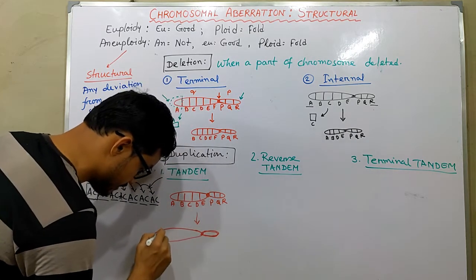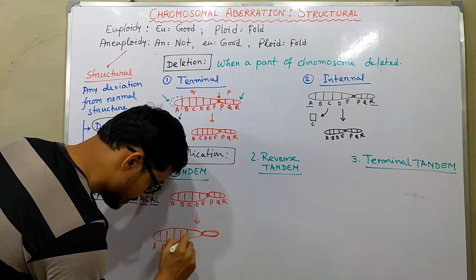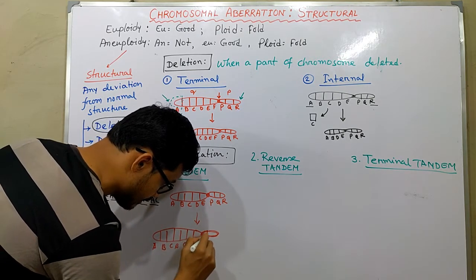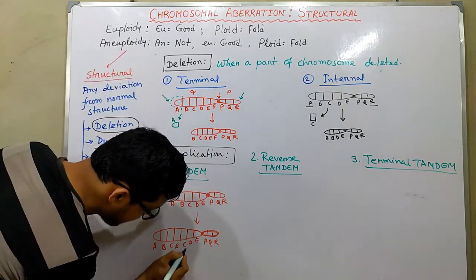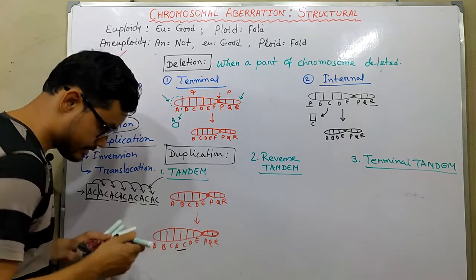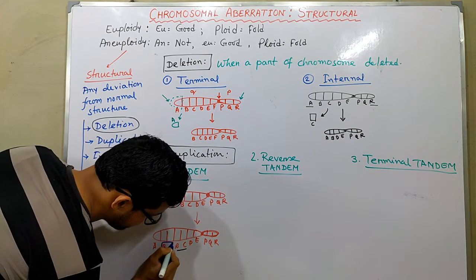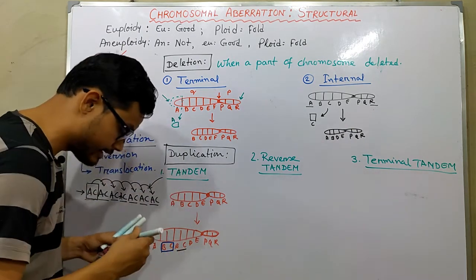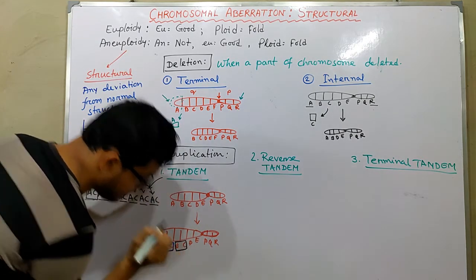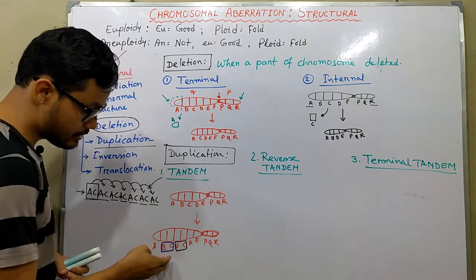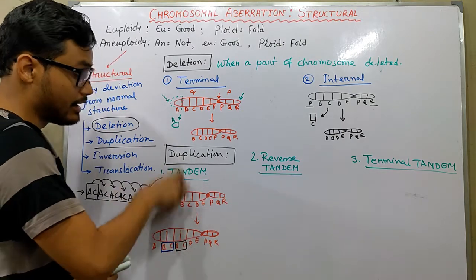So we have A, B, C, B, C, D, E, P, Q and R. The B and C portion is duplicated and attached just after the original sequence. This kind of duplication is known as tandem duplication.